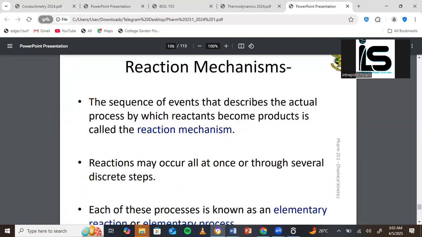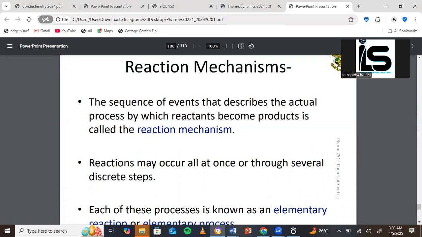Now, the last thing we'll talk about with respect to this discussion is reaction mechanisms. When we talk about reaction mechanism, we are talking about the sequence of events that describe the actual process by which reactants become products.